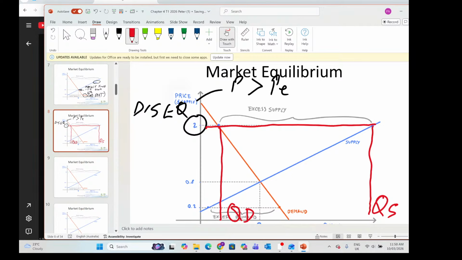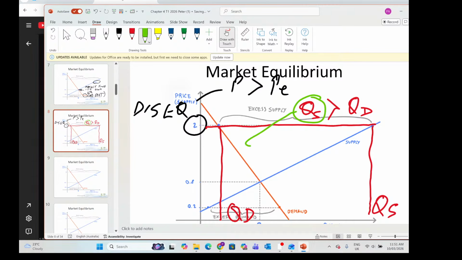So as a result, we have excess supply. In other words, at 2, the quantity of supply is greater than the quantity of demand. And so this is a problem for the sellers, because they can't find enough people to buy their product.